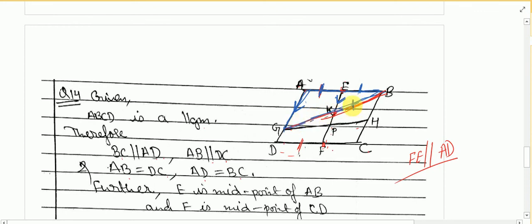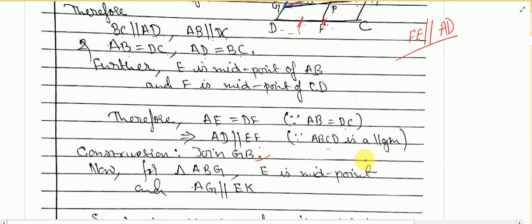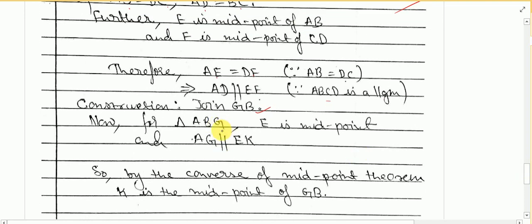That means KB will be equal to KG. So that's what I'm writing over here, that after joining we are considering this triangle ABG, where E is the midpoint and AG is parallel to EK. So by the converse of midpoint theorem, K is the midpoint of GB.